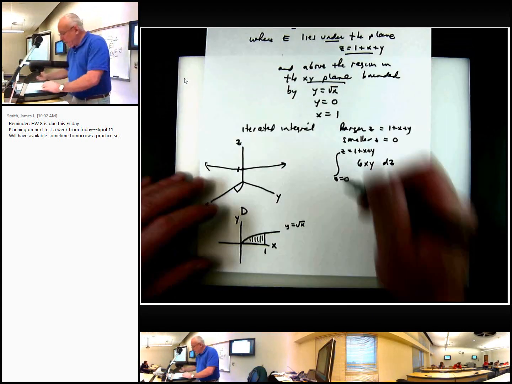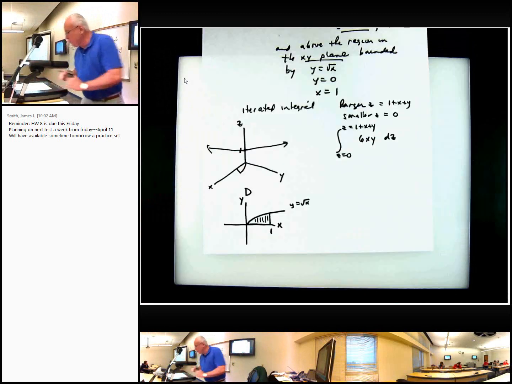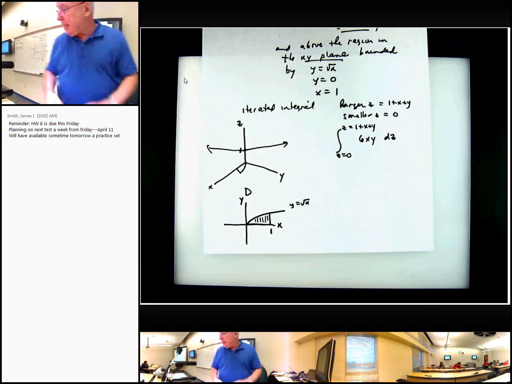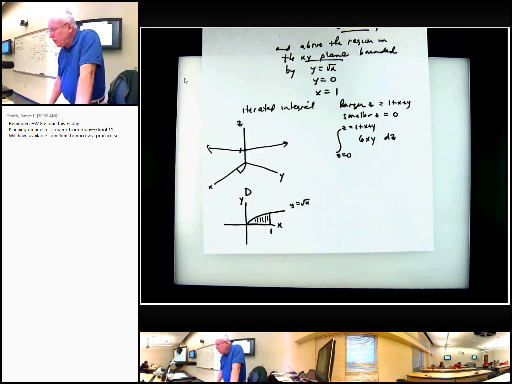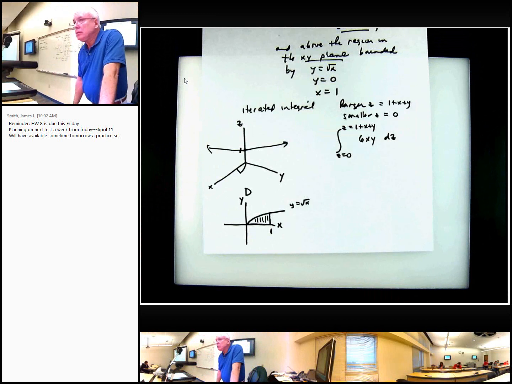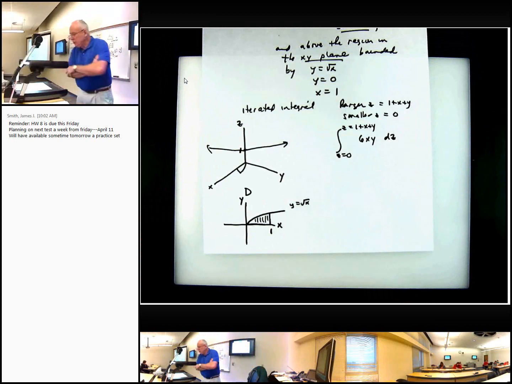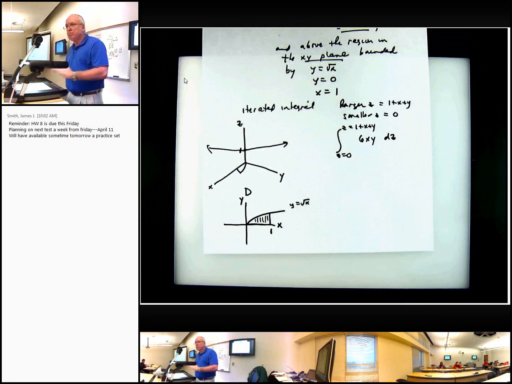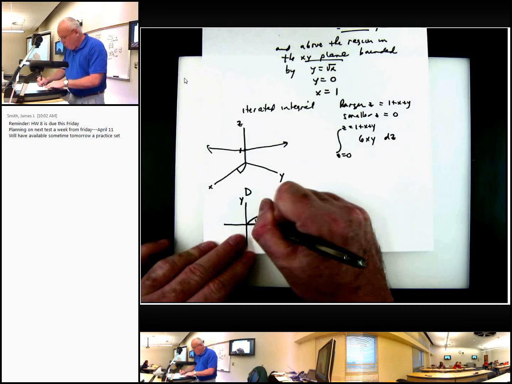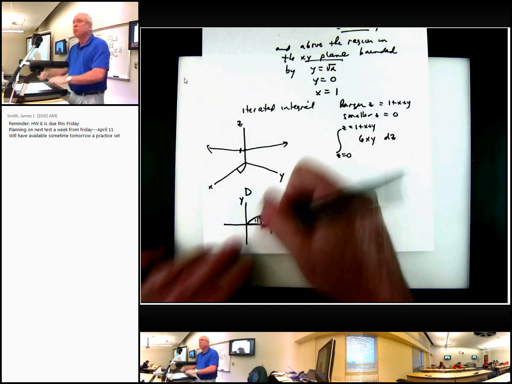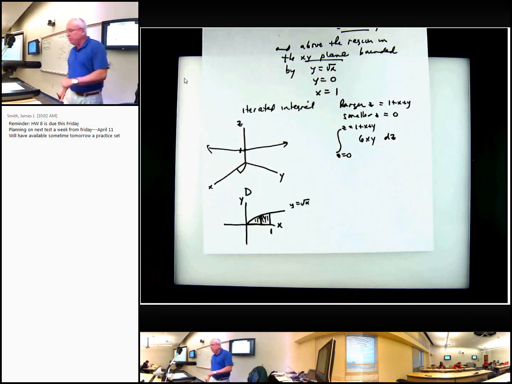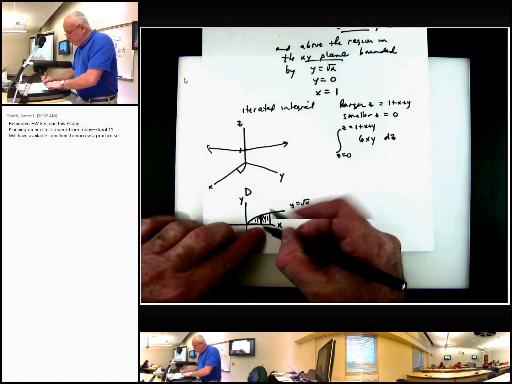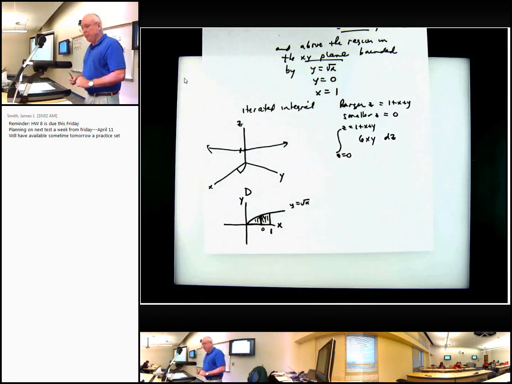Now let's set up our integrals with respect to y and x. Anybody want to give me what they might want to integrate over first, and what the bounds would be? Okay, so in other words, going up this way with an arrow going up, where y goes from 0 to the square root of x.